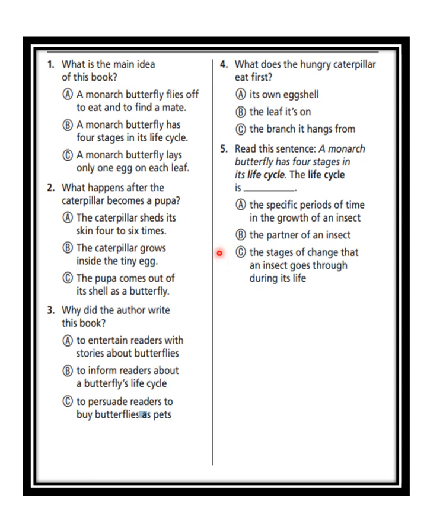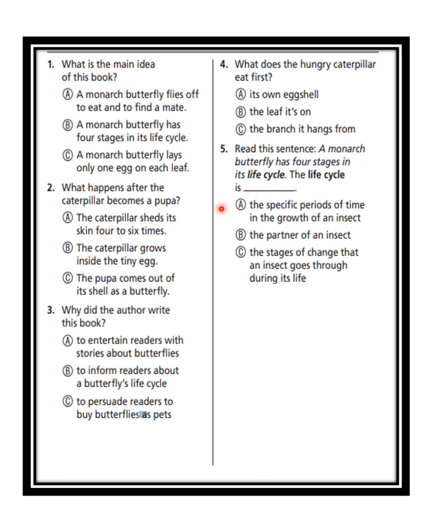Or C, the stages of change that an insect goes through during its lifetime. Now, boys and girls, you can go back into the glossary. You can pause the video, go back into the glossary, and see if you can find life cycle in the glossary. That's going to give you the answer.